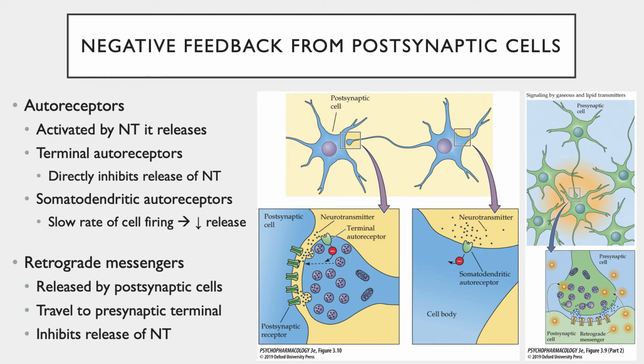Ultimately, while they have different mechanisms of action, autoreceptors and retrograde messengers have one important thing in common, which is that they inhibit the release of neurotransmitters either directly or indirectly, and serve as a major part of the negative feedback loop that helps to keep neurotransmitter release under control.